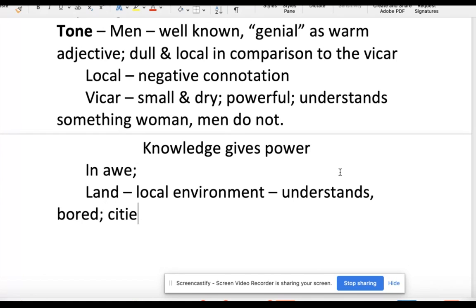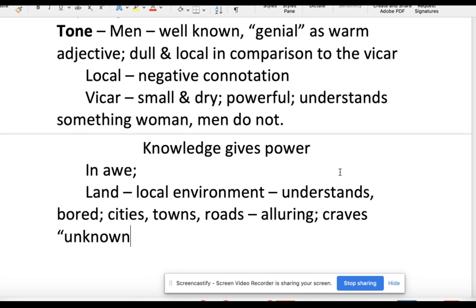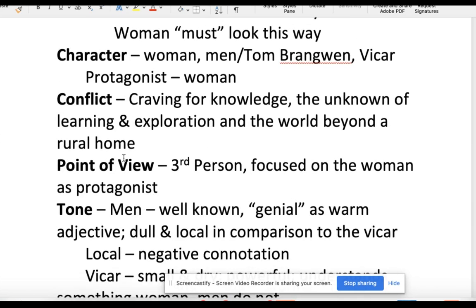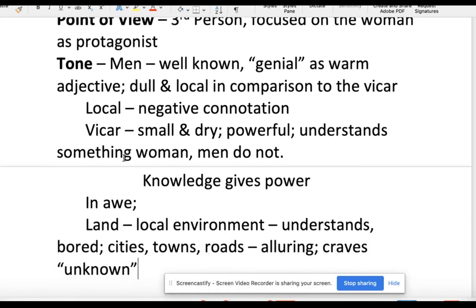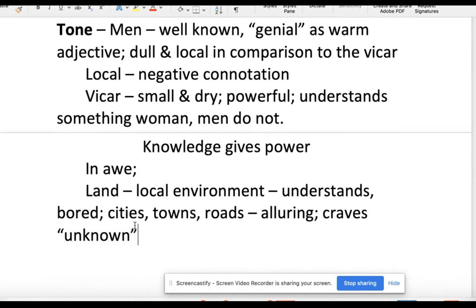Certainly, the cities, towns, roads and whatnot beyond are alluring. Again, she craves that knowledge and she craves that experience, and I might say the unknown and pushing the edge of the unknown. Yeah, you can see that at the top of the second column. So this is all thinking through these core devices.